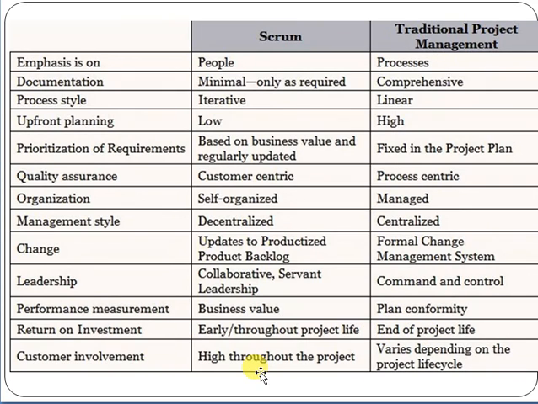Customer involvement is high throughout the project. In Scrum, friend, the customer involvement is very high. From day one, the customer will be involved with the team and with the product owner. However, in the traditional approach, it varies depending on the project life cycle.